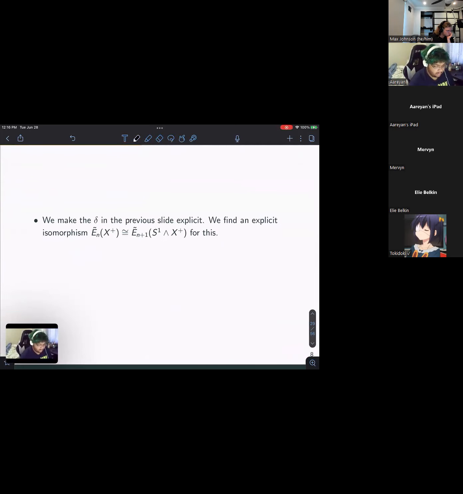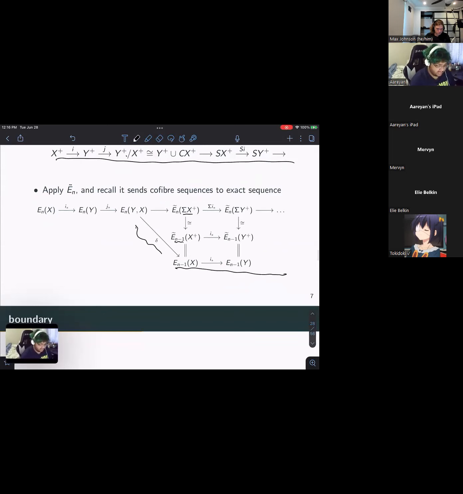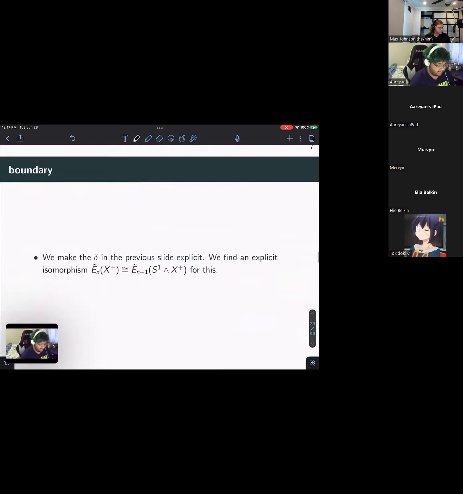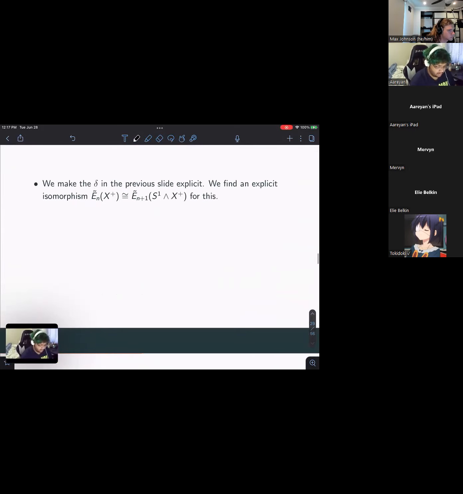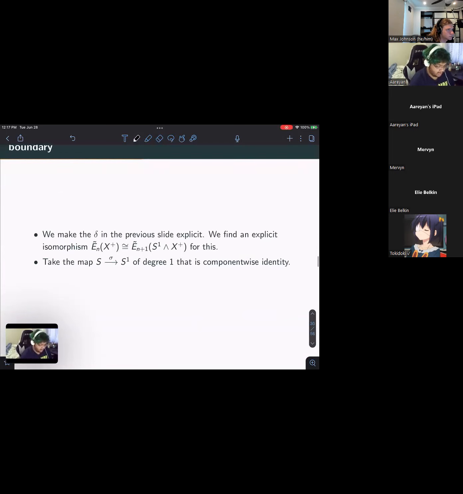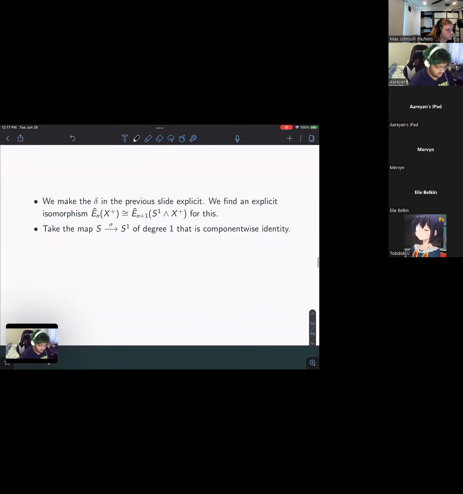So yeah, let's make it explicit now. What's the only hard part of this? It's this isomorphism between the nth homology of the suspension and the n-1 homology of my space. What I do is I take the sphere spectrum and map it to the S1 spectrum.